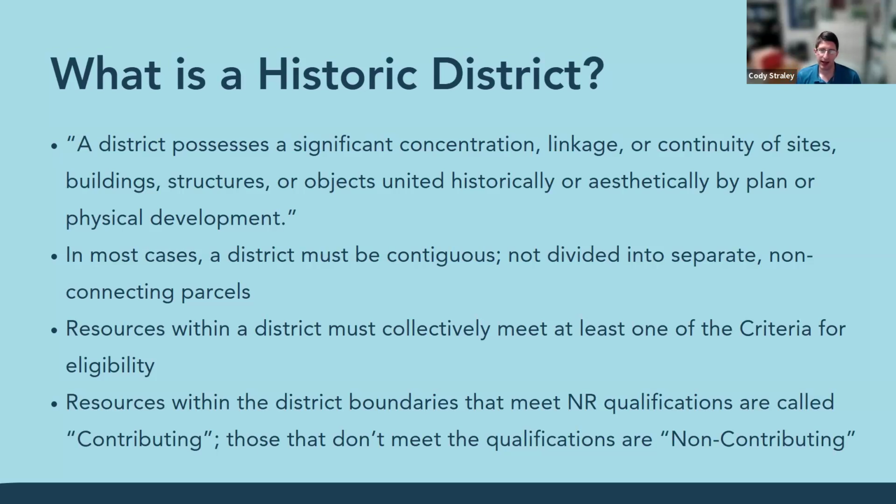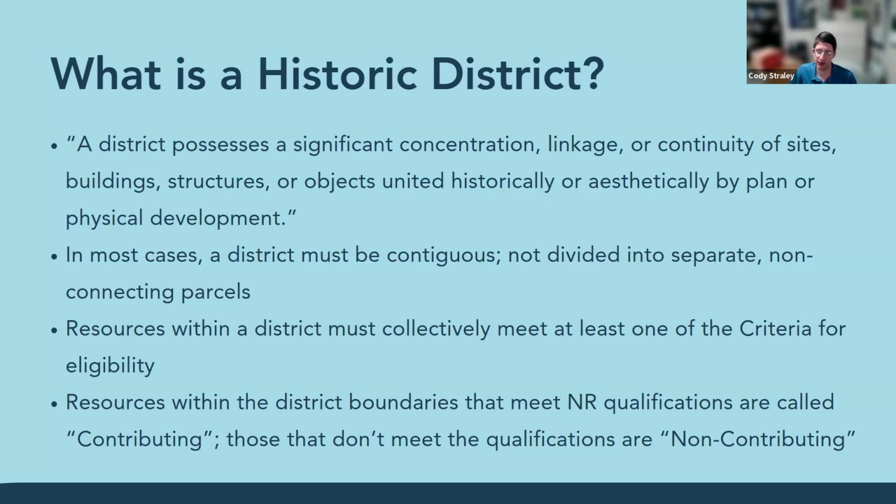So basically, if you have a group of buildings or other resources in an area together that are all historically important and have a single historical theme that connects them all together, that can qualify as a district. In most situations, a district has to be contiguous, has to be one singular shape or boundary. You can't divide it into separate chunks scattered across a broader area.